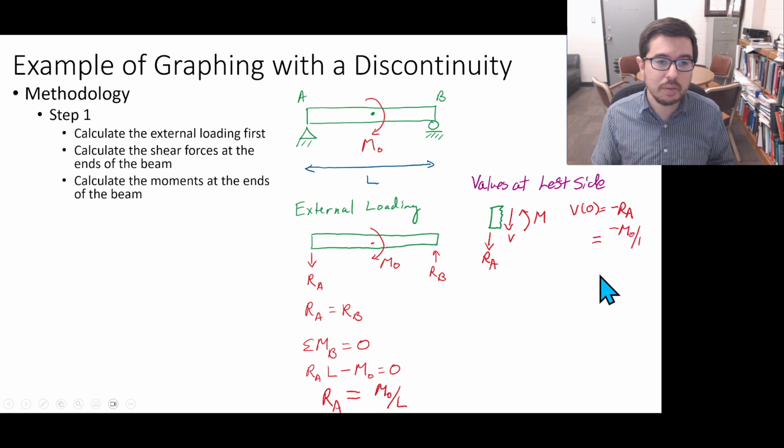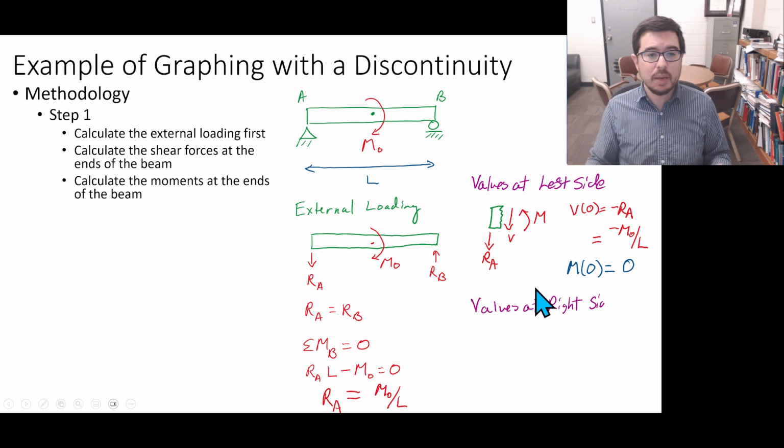So at the left side, at point A, or very close to point A, we can say that the internal shear force is going to be minus M naught over L. Similarly, we can look at the bending moment, and there's nothing contributing to the bending moment here, and this distance is very small, so we don't have a moment arm to create a torque from this R_A. So the bending moment at the left side is going to be equal to 0.